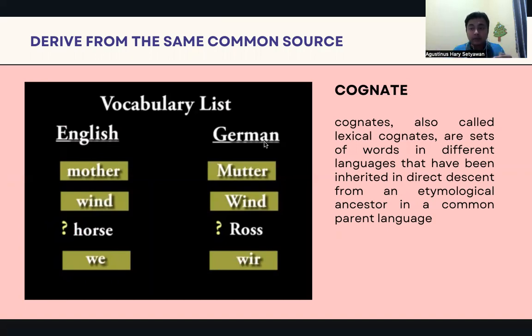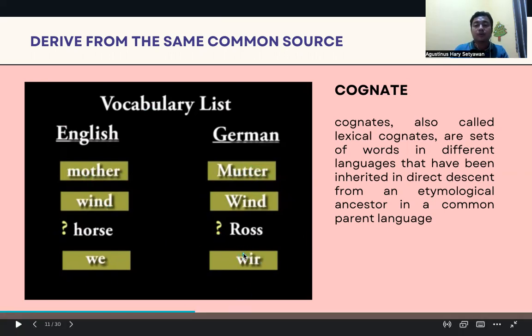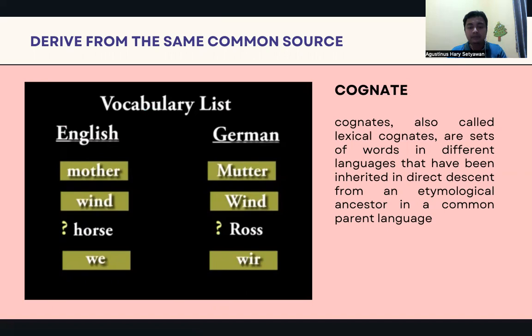Jadi cognate itu dia share merupakan sebuah turunan yang sama dari bahasa ibu sebelumnya. Karena ada pola nantinya, ya. Misalnya mother, mother, sama wind, wind, dan seterusnya. Itu disebut cognate dalam LHK.